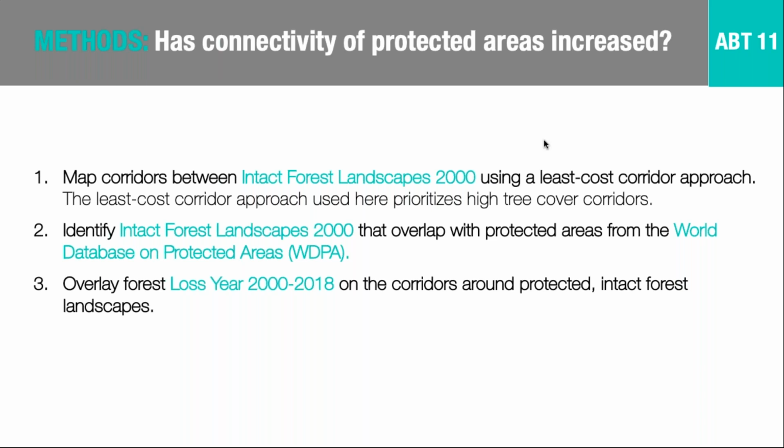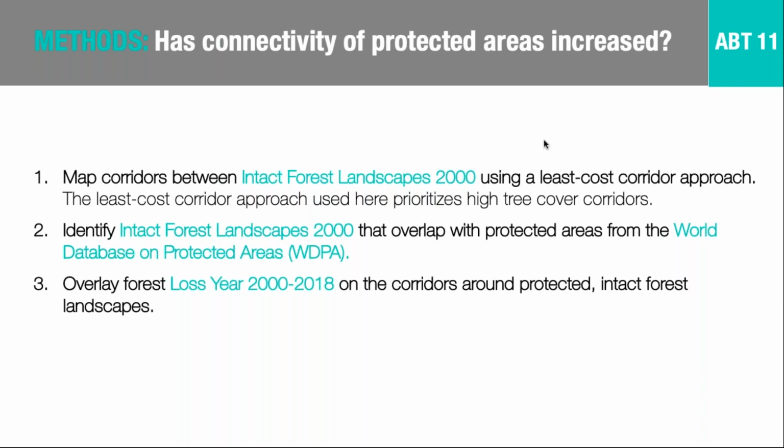And we mapped many corridors, thousands of corridors between each conservation priority. And we end up with a map of the density of corridors between intact forest landscapes in this example.